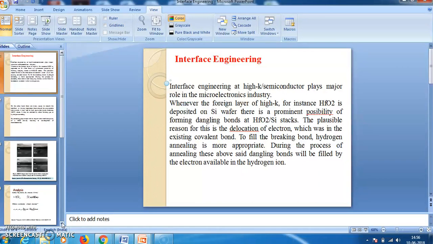Due to this collision or external force applied on the silicon atomic structure, the top layer atoms get disturbed and the covalent bond electron goes off. So the top surface silicon atoms suffer from a lack of electrons in the covalent bond.